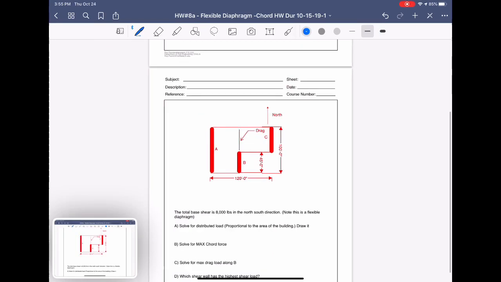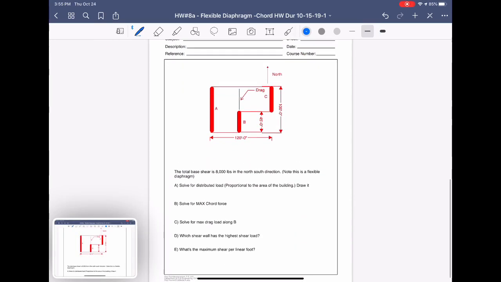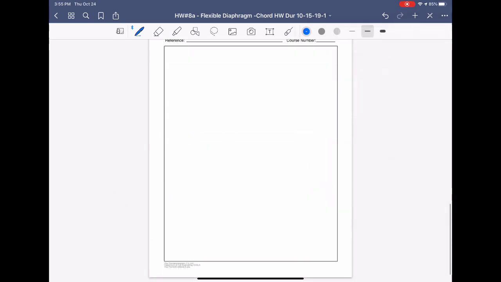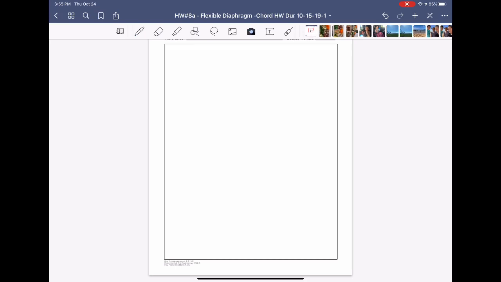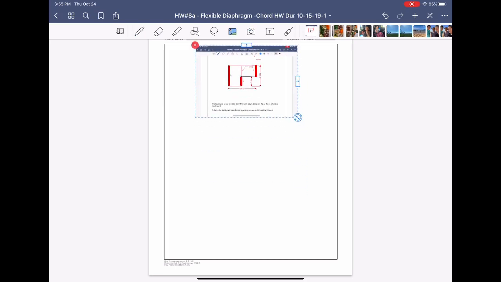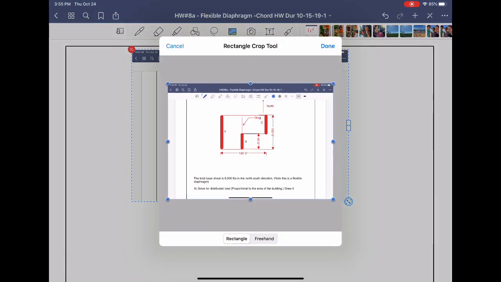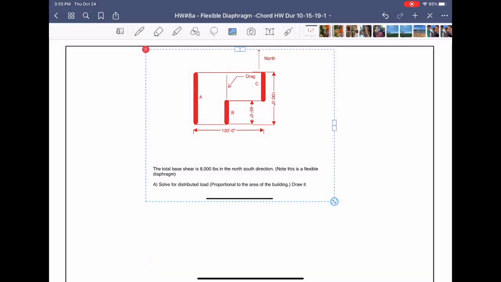Screenshot it, and we're going to add a sheet right after this. Go ahead and cut it so it's nice and clean. Done. Right. Now solve for distributed load proportional to the area of the building.